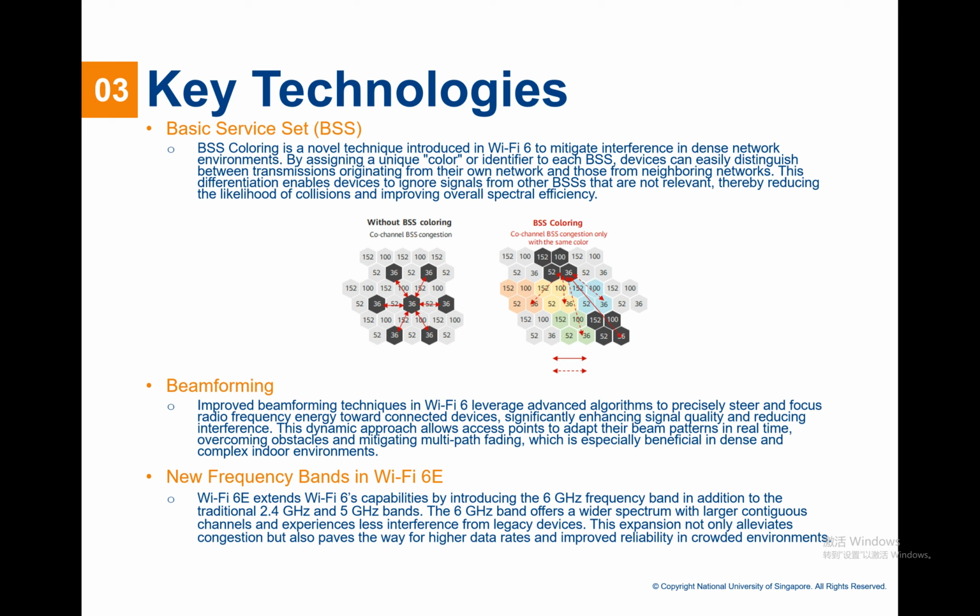For basic service set, BSS coloring is a novel technique introduced in Wi-Fi 6 to mitigate interference in dense network environments. By assigning a unique color or identifier to each BSS, devices can easily distinguish between transmissions originating from their own network and those from neighboring networks.